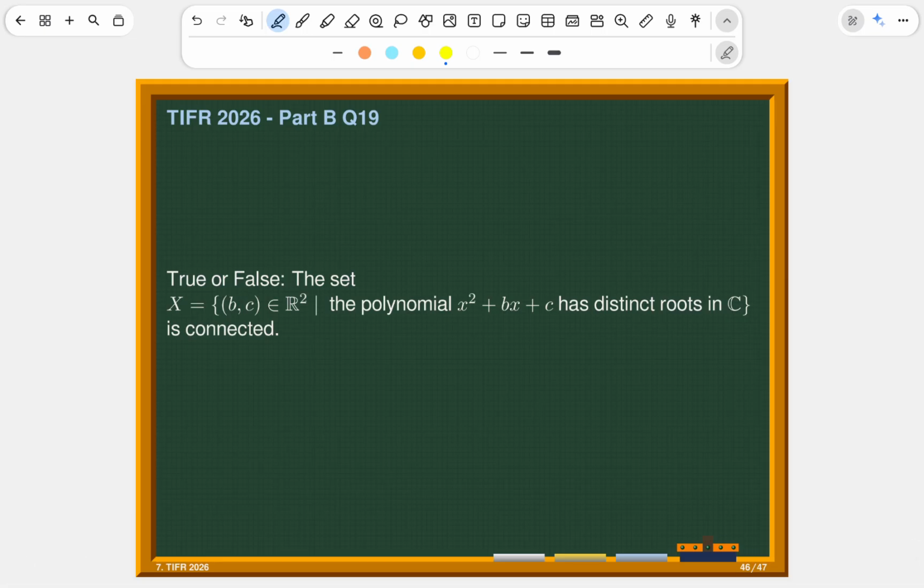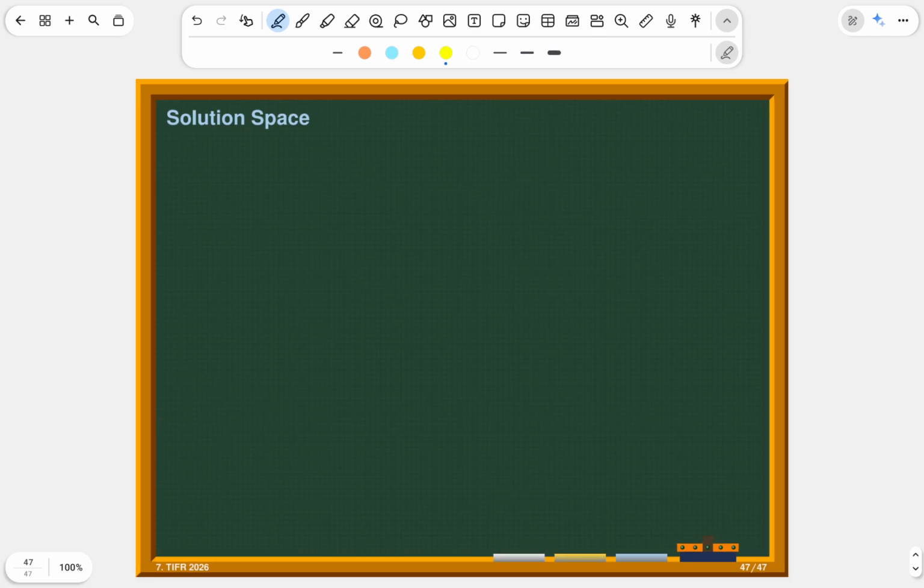Okay, so what is actually given to us? X is the collection of all tuples (b, c) in R^2 such that the polynomial x squared plus bx plus c has distinct roots in C. It's claimed to be connected. Now, when does a polynomial have distinct roots?